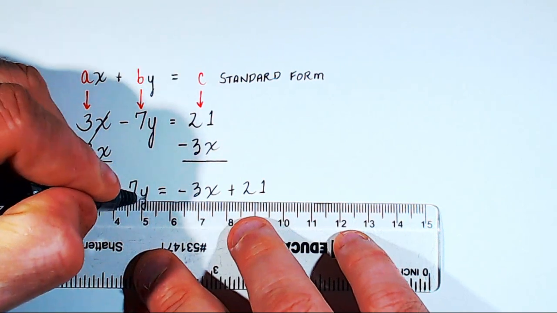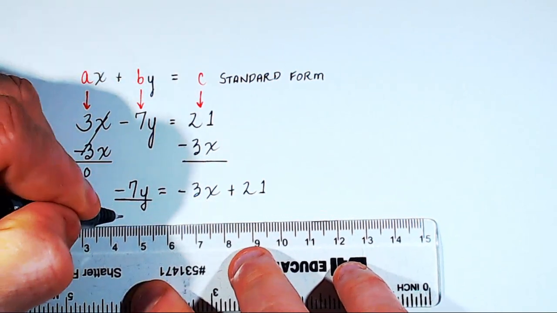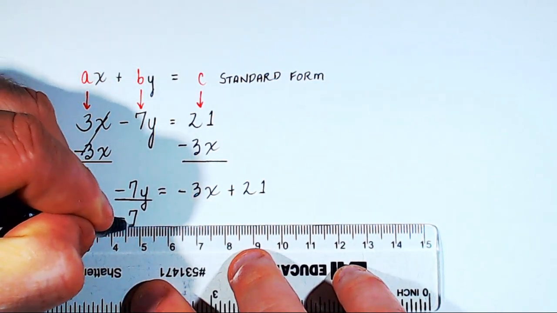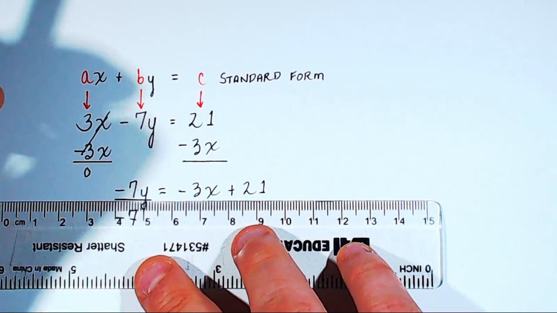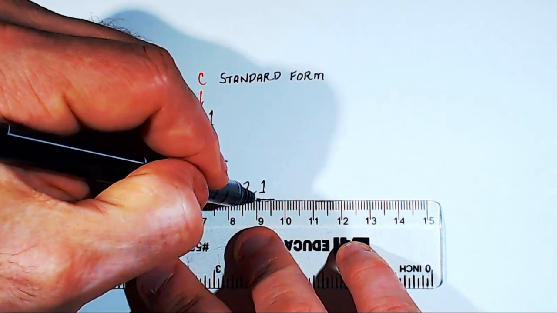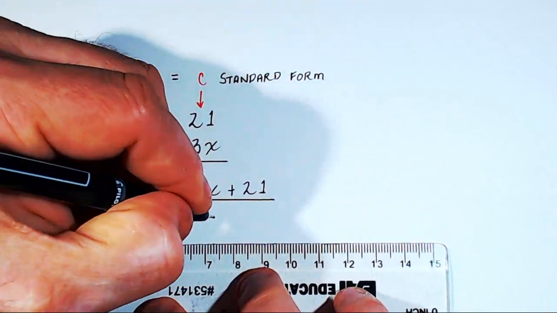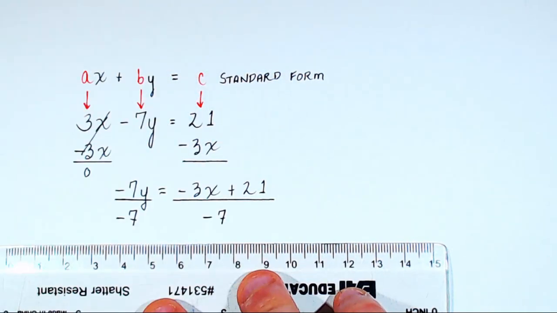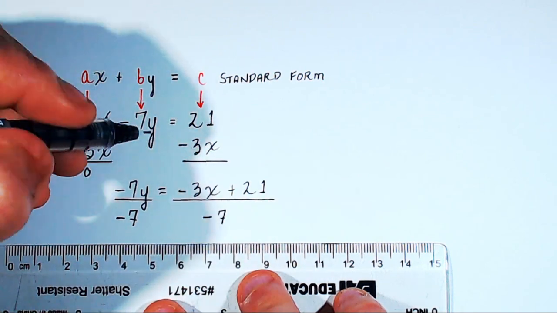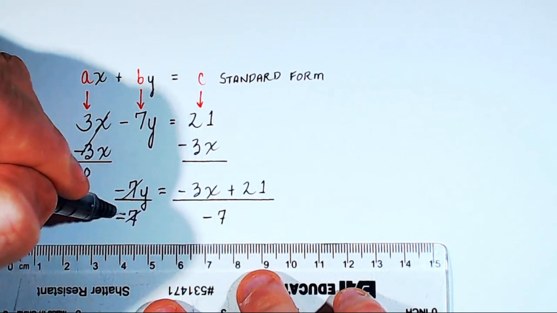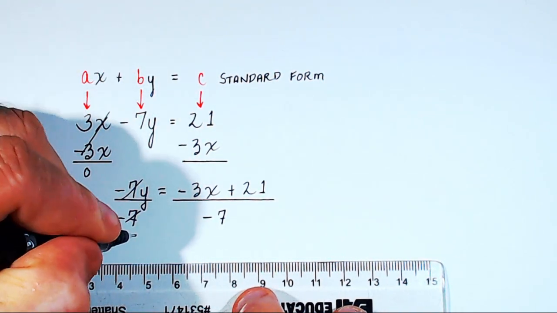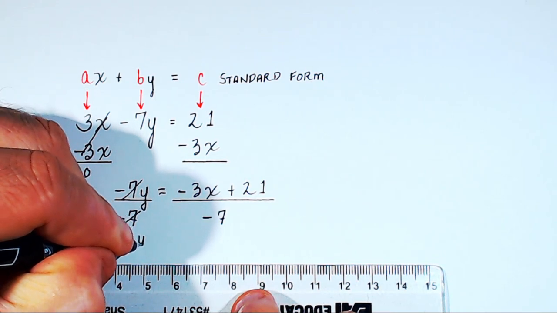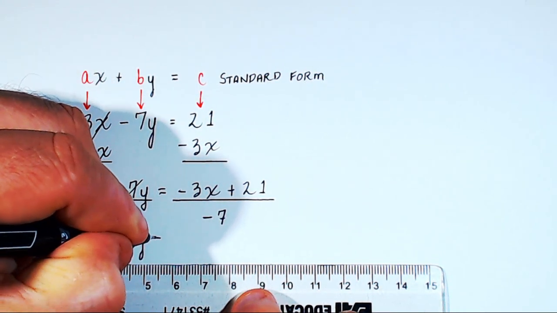So in order to get rid of that, I divide by negative 7 on the left, and the entire expression on the right side gets the same treatment. The negative 7's cancel on the left side, leaving y by itself, which is what we wanted.